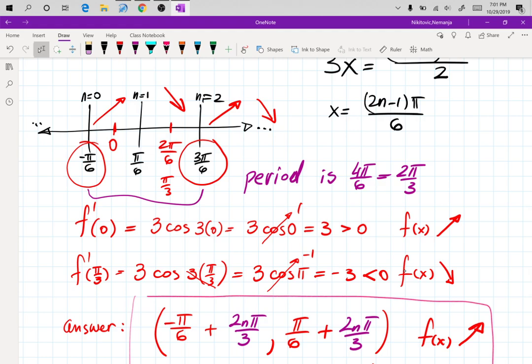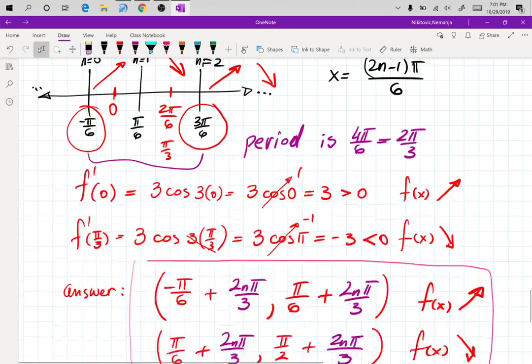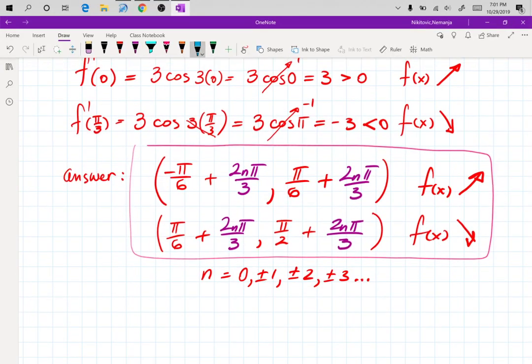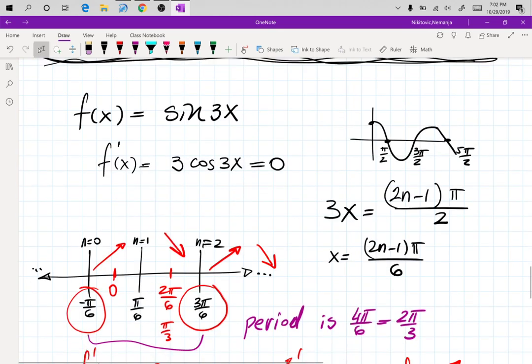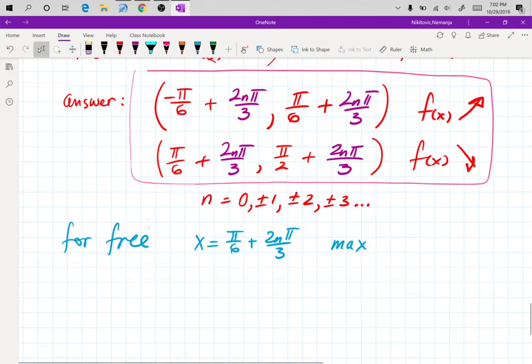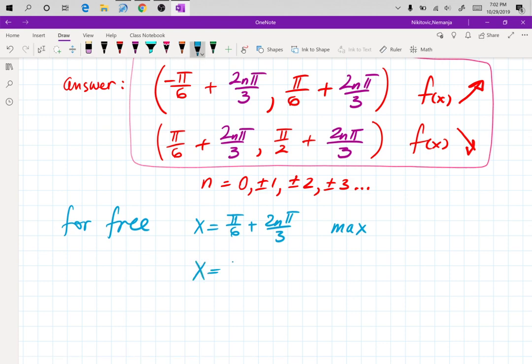Now, you can also say infinitely many max points at pi over 6 plus 2n pi. That's free stuff. For free, x equals pi over 6 plus 2n pi over 3 is a max. Pi over 6 was a max, right? And then pi over 2 plus 2n pi over 3 is a min.